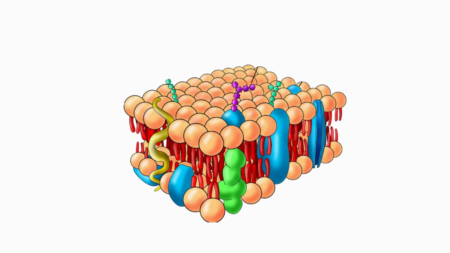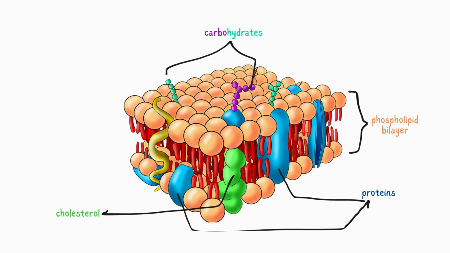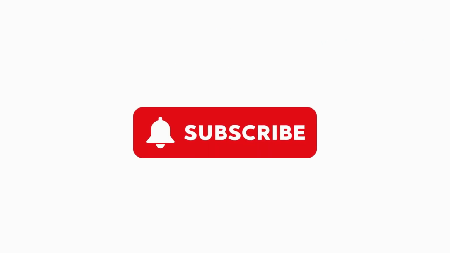In summary, the cell membrane is composed of a phospholipid bilayer, embedded proteins, cholesterol, and surface carbohydrates, all arranged in a fluid mosaic pattern. This precise organization allows the membrane to perform its vital physiological roles efficiently. So, that's the first part on cell physiology.